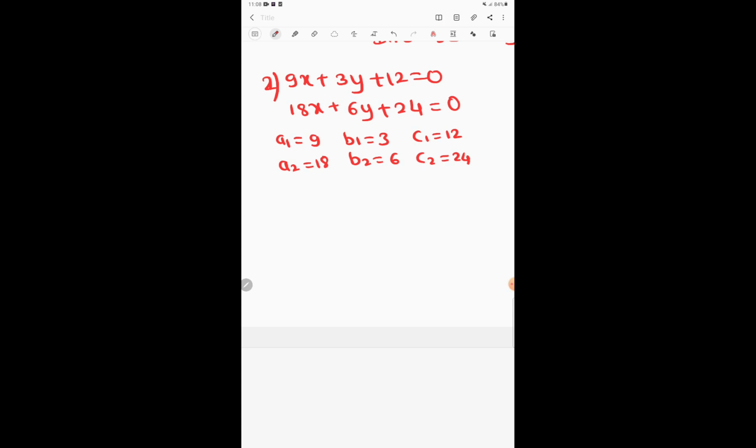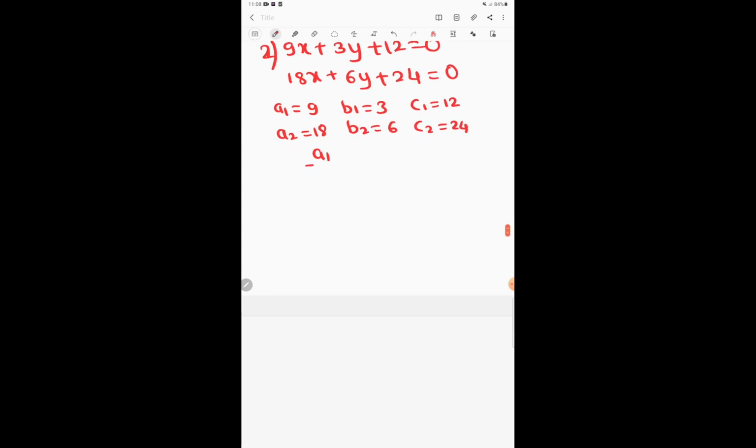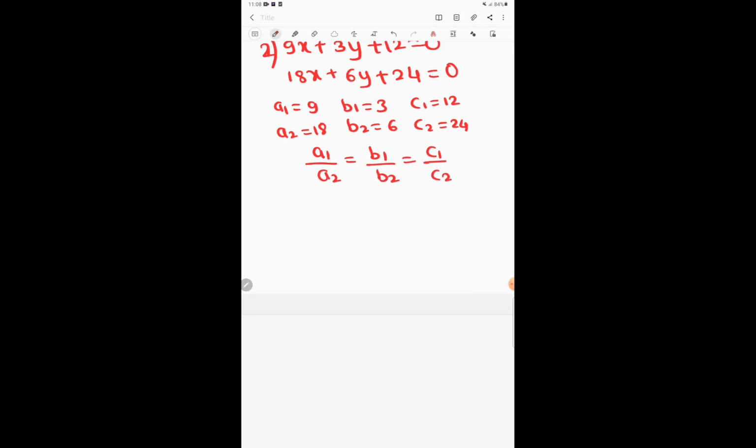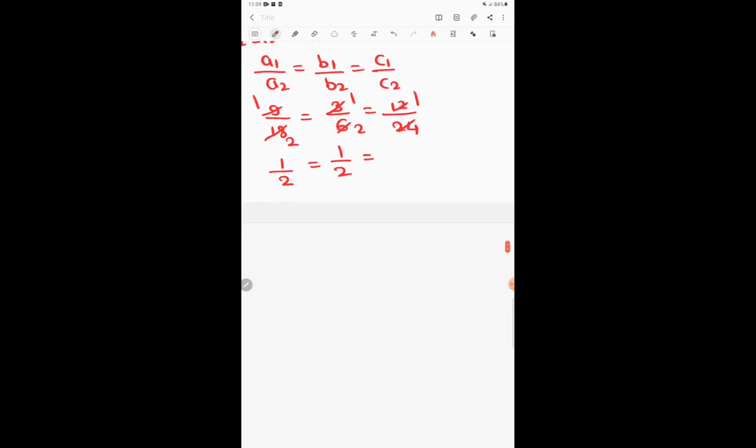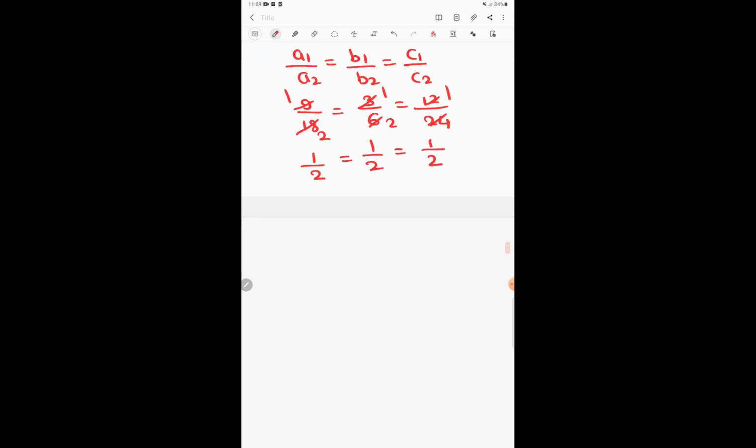How do we compare the ratios here? A1 upon A2, B1 upon B2, C1 upon C2. A1 upon A2 is 9 by 18, B1 upon B2 is 3 by 6, C1 upon C2 is 12 by 24. 9 ones are 9, 9 twos are 18, so we get 1 by 2. 3 ones are 3, 3 twos are 6, so it is 1 by 2. 12 ones are 12, 12 twos are 24, also 1 by 2.